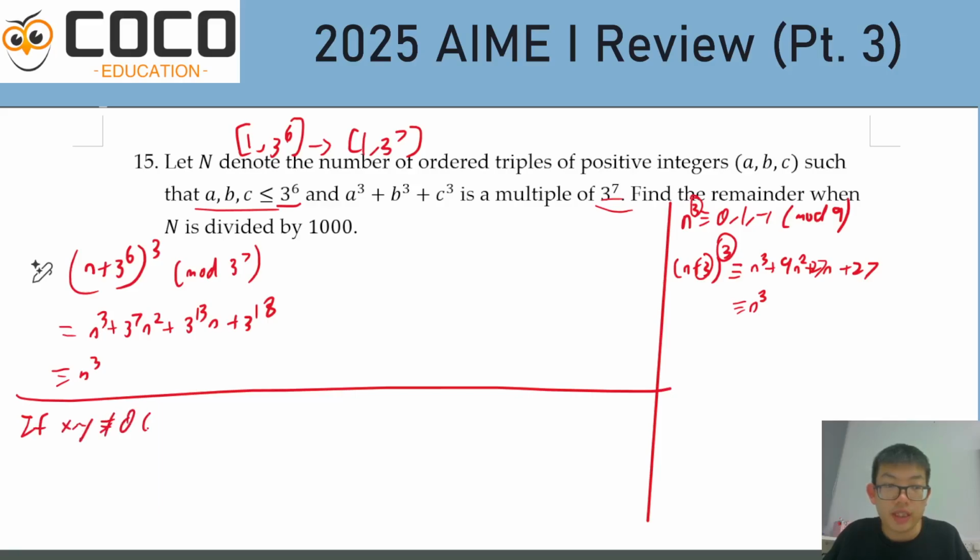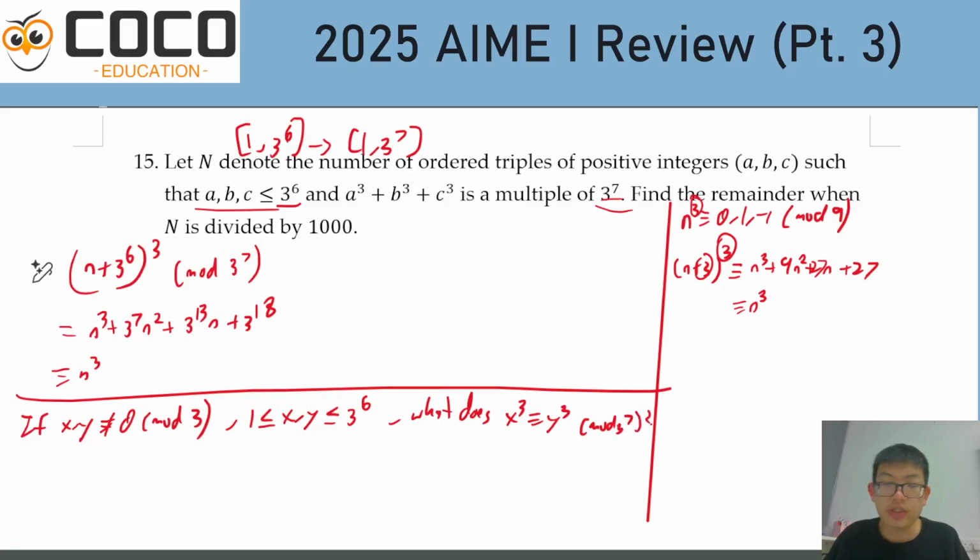So if these are not 0 mod 3, and if I confine them to this range, do they clash? Basically, what does x cubed congruent to y cubed say?